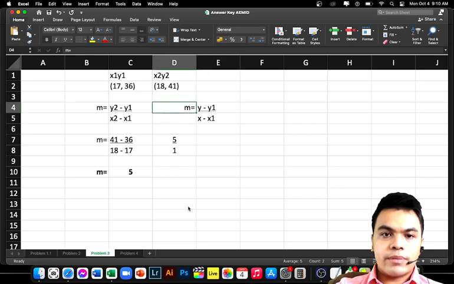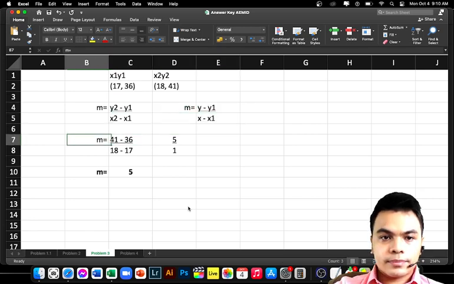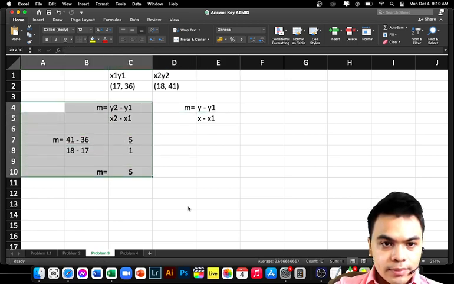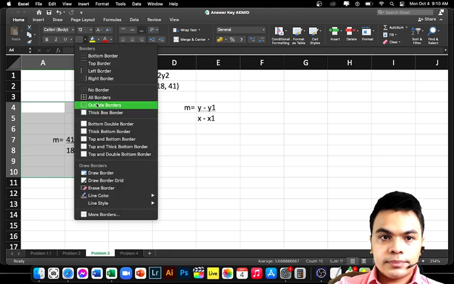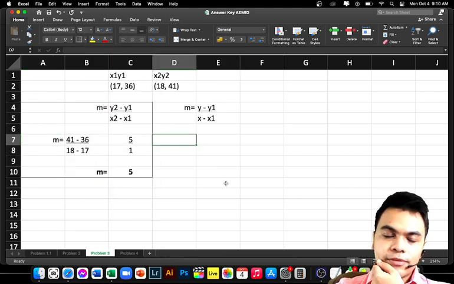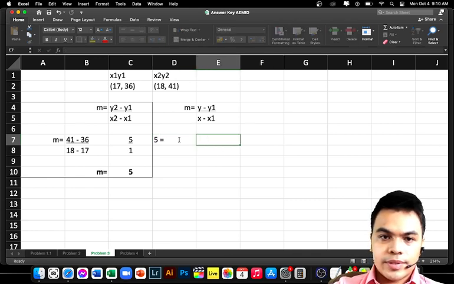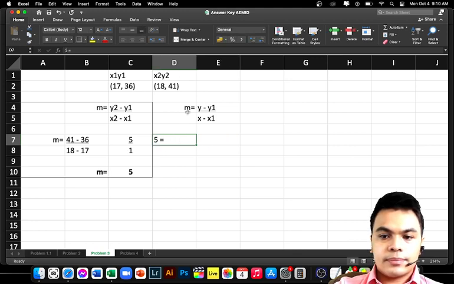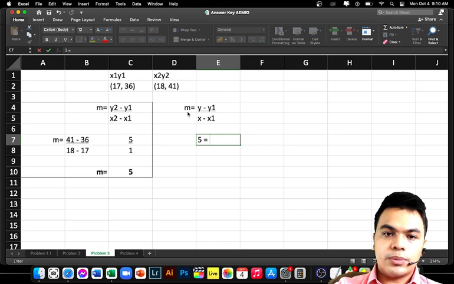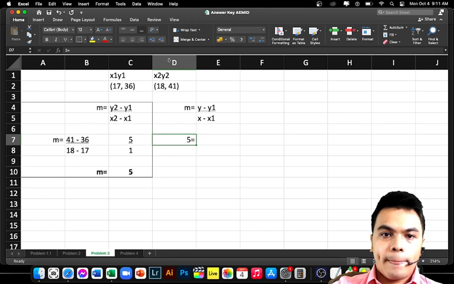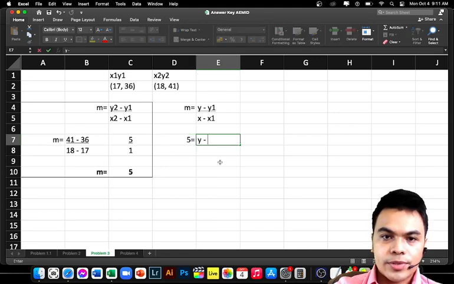So we can move on to this equation. Let's put a box so it's not confusing. We have the value for m, and we have the values for x1 and y1. So let us substitute. 5 is equal to y minus, what is our y1 again?